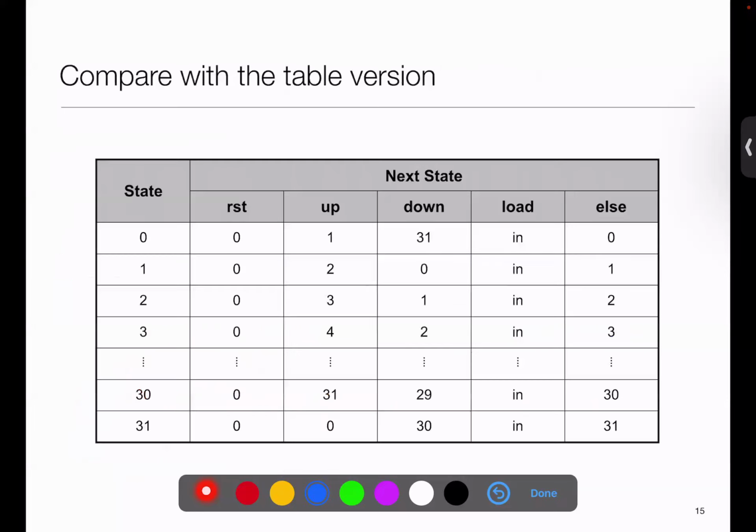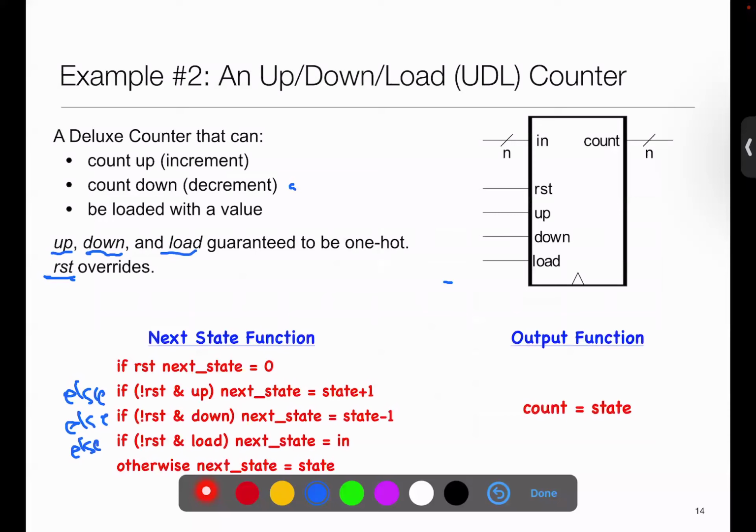Let's look at some more examples. By the way, if you were to do the table version, it will look something like this. It's super messy. And if the number of bits were to go up, then the table will have even more rows. So I'm pretty sure most people will agree that writing things this way, thinking about it this way is a lot more elegant, a lot more compact.